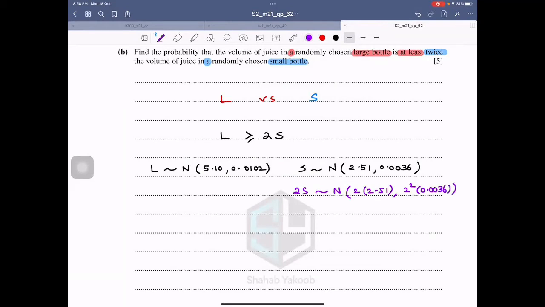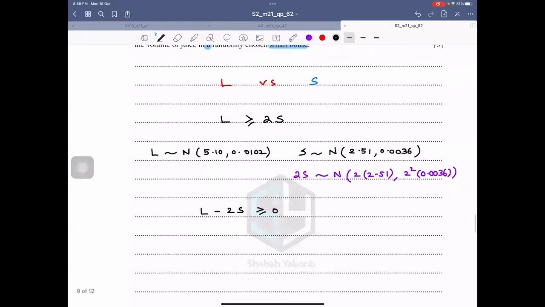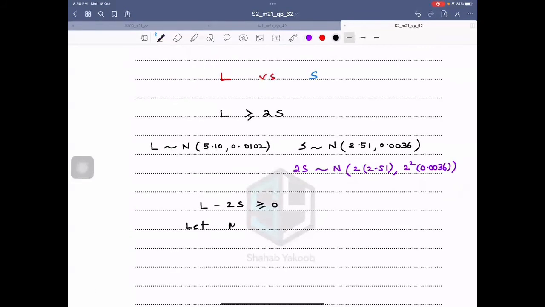That is the first thing that needs to be done. The second thing, L minus 2S is greater than or equal to 0. Let M equal L minus 2S.